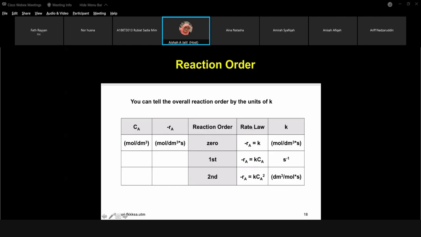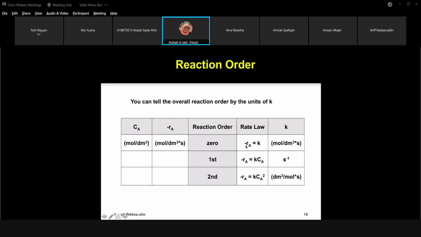If you do not know the reaction order, you cannot write the correct rate law, and then your rate law will be incorrect and your calculation will be incorrect also, so you cannot get the full marks. So sometimes the question mentions zero order, first order, or second order.